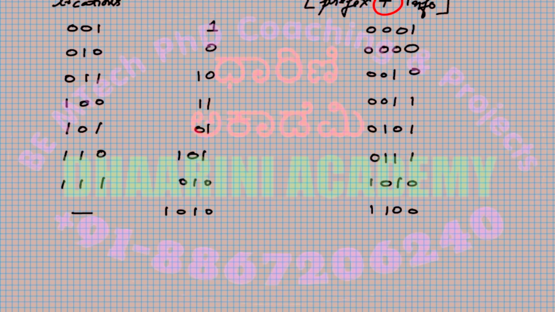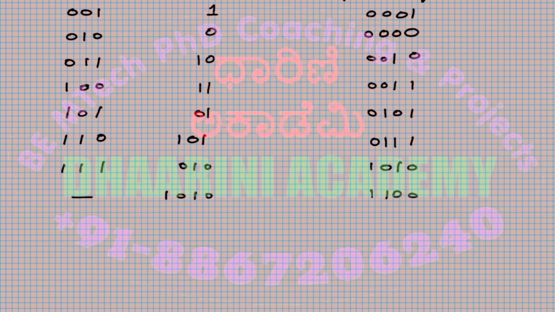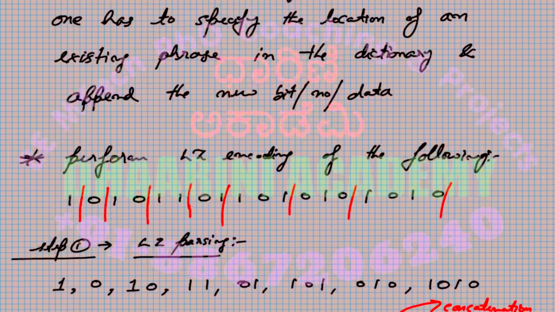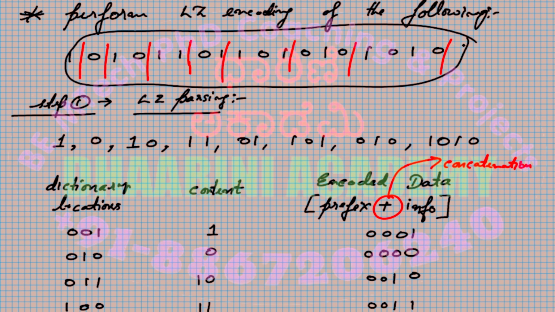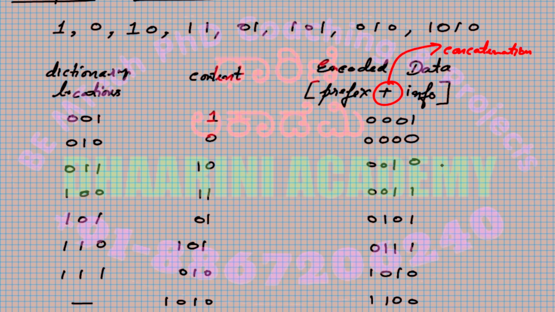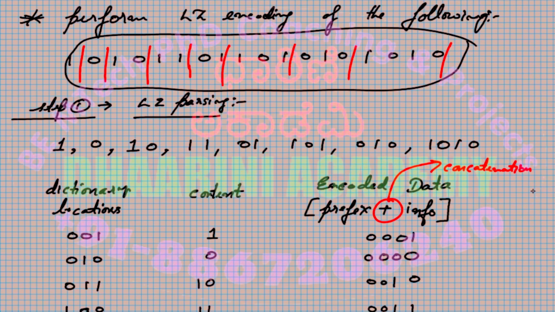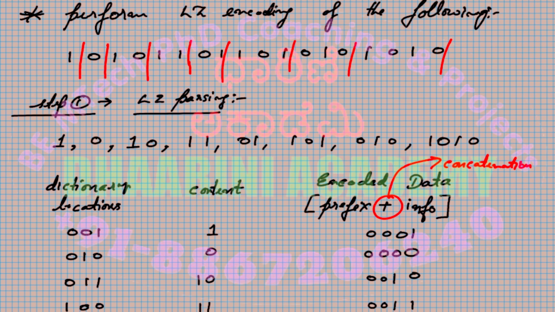Okay. So in the sense, let's assume I may be transmitting or saving the data into some memory location. So instead of dealing with this data, you are going to deal with this data. So that is the encoding chain. Now I have an obvious question: count the number of bits in the original data.